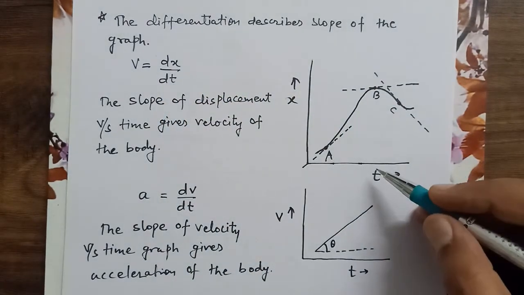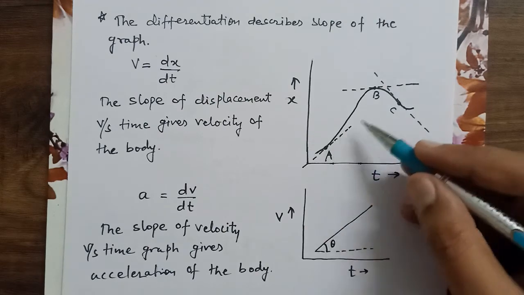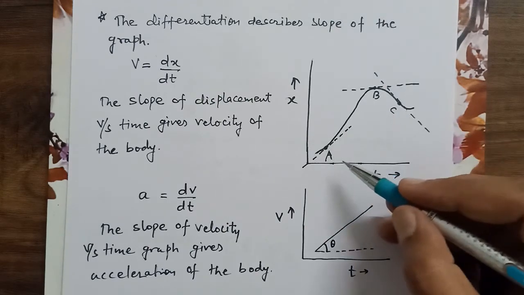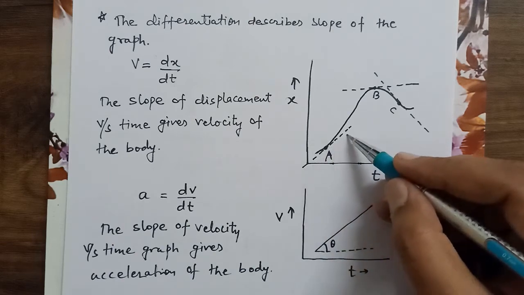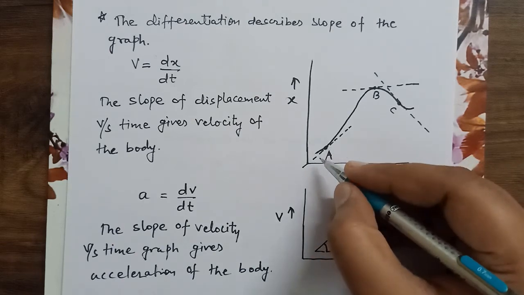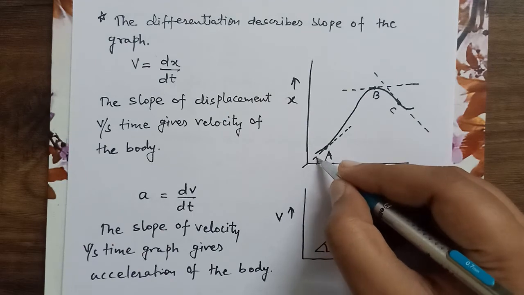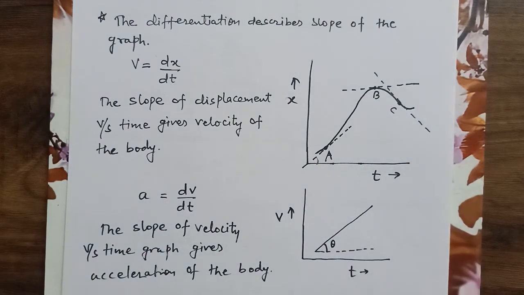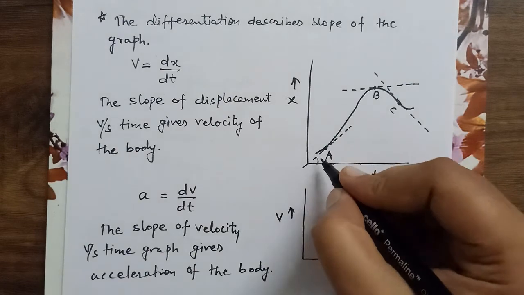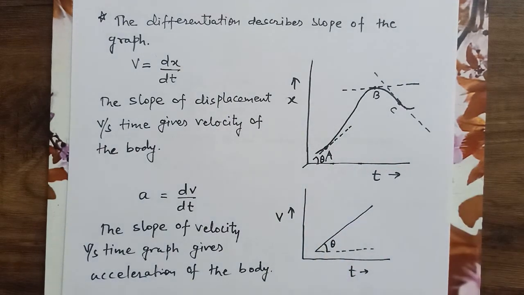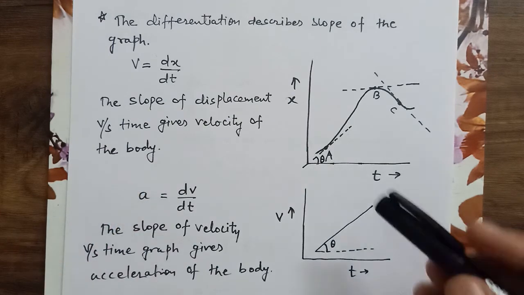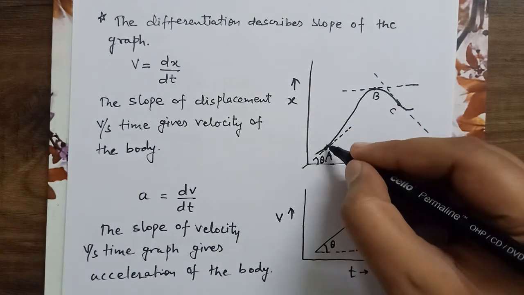In this graph I have put 3 points, point A, point B and point C. At point A, if you want to find the slope, we draw a tangent at that point and measure this angle. If we get this angle, we find tan theta and we get the slope, that means the velocity at this particular instant.